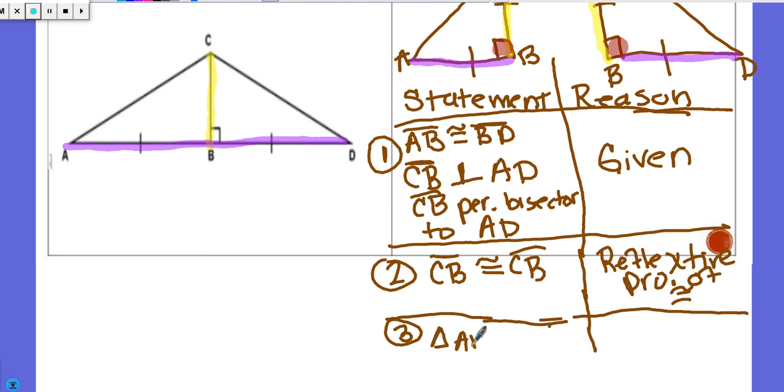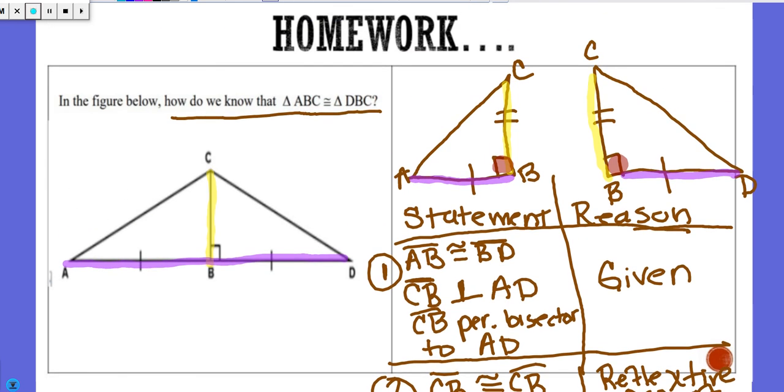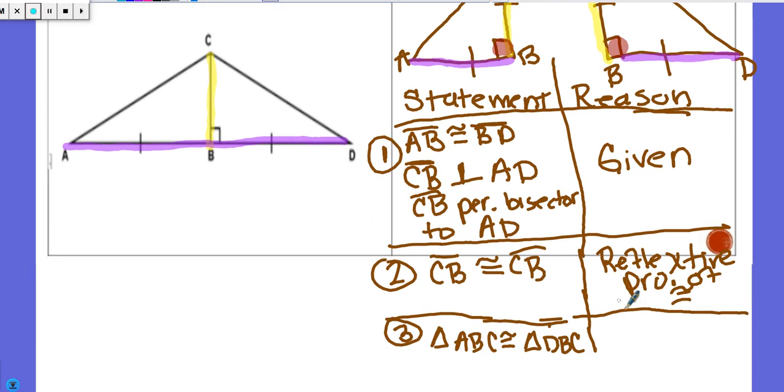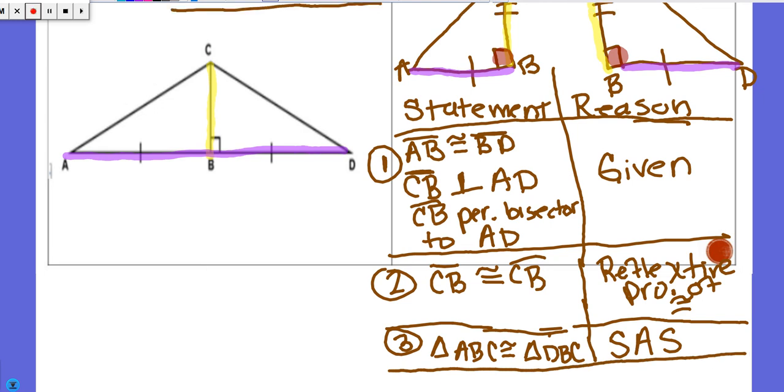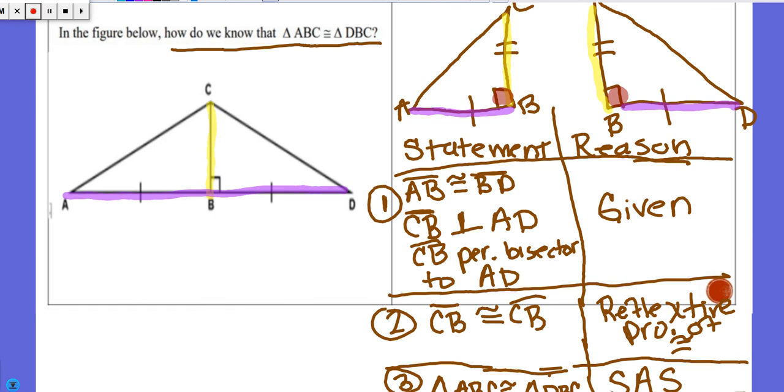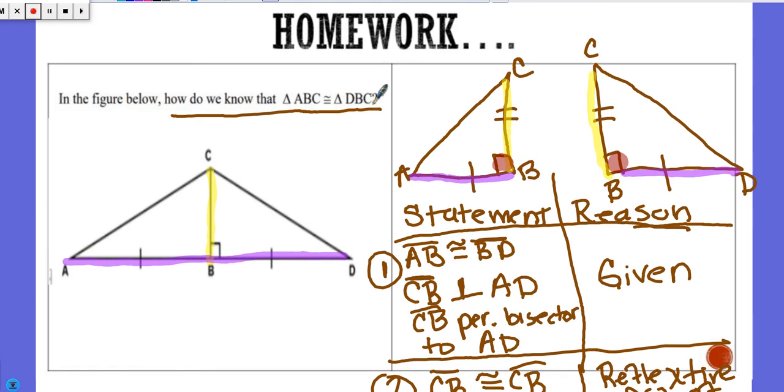Triangle ABC is congruent to triangle DBC. Let me make sure that's correct. Oh, DBC. And the reasoning for that is going to be by side, angle, side. And we're finished. Now, the only reason why we didn't write CPCTC in this one is because they asked us about a whole triangle and not a part of the triangle.